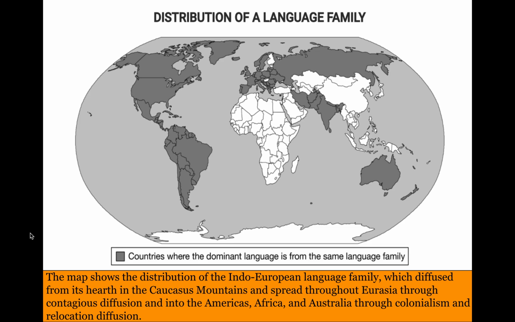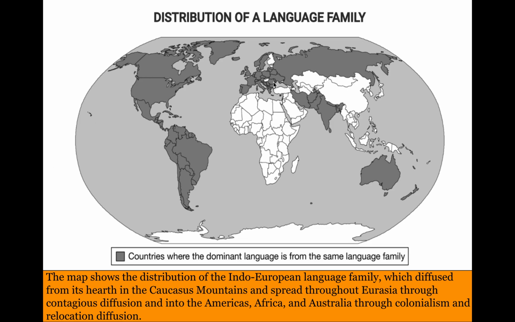When looking at the distribution of language families, we can see the dark colors are countries where the dominant language is from the same language family. This map shows the Indo-European language family, diffused from its hearth in the Caucasus Mountains.